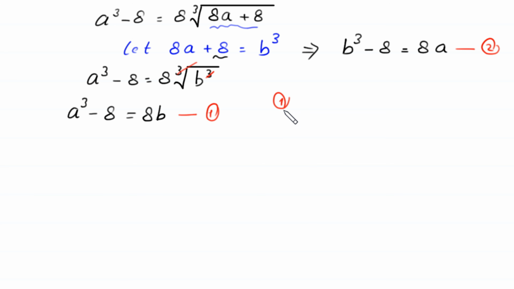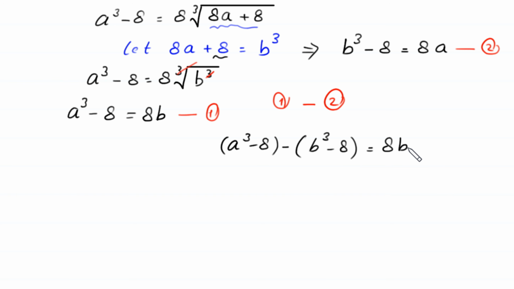Now from equation 1 we subtract equation 2, then this will become a cubed minus 8 minus (b cubed minus 8) is equal to 8b minus 8a. Next, a cubed minus 8 minus b cubed, negative times this negative 8 will become plus 8, is equal to 8 times b minus 8 times a.